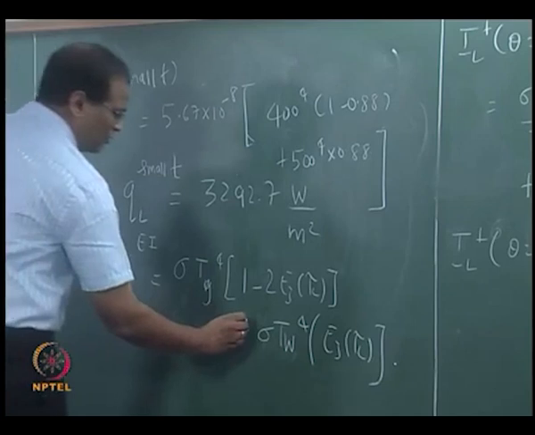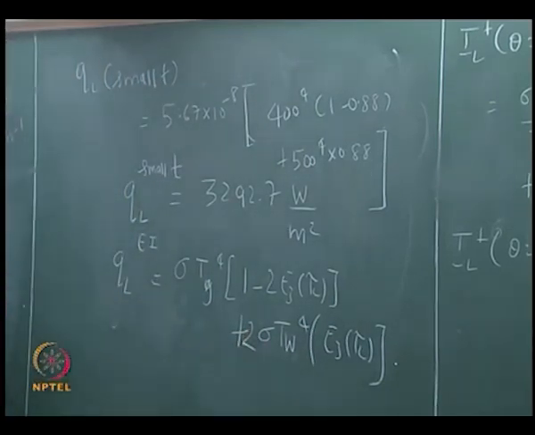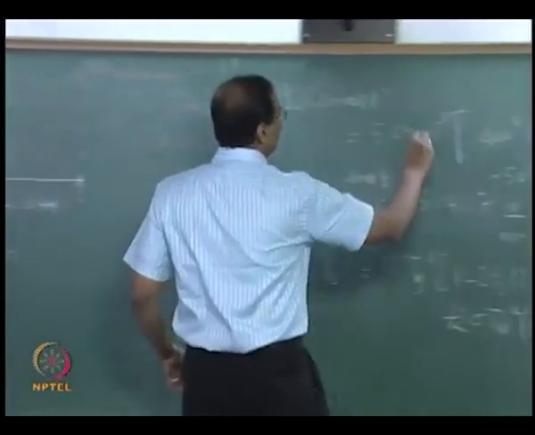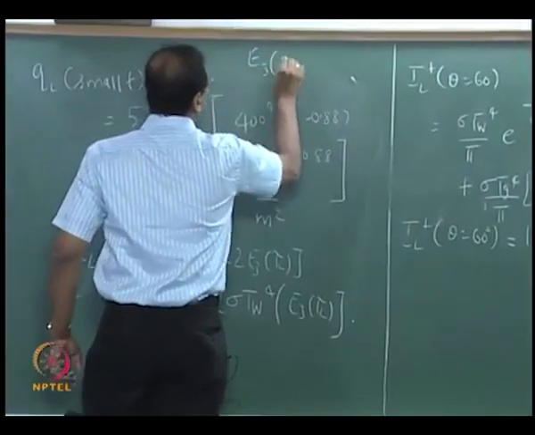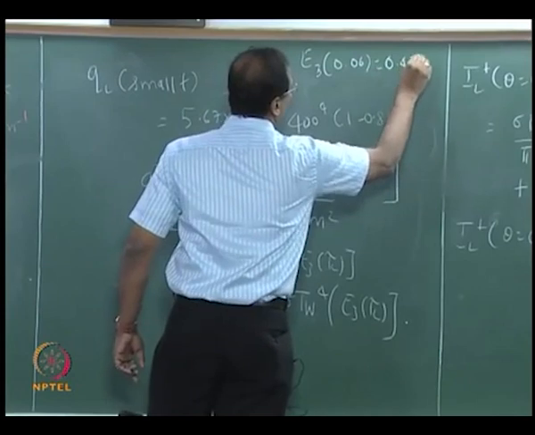The 2 bothers us throughout. 2 sigma TW E3. Okay. Now what is the E3 of 0.5? E3 of 0.06? 44?